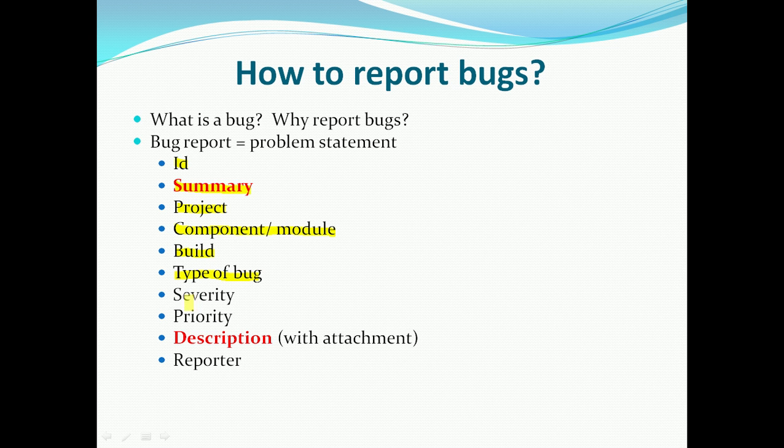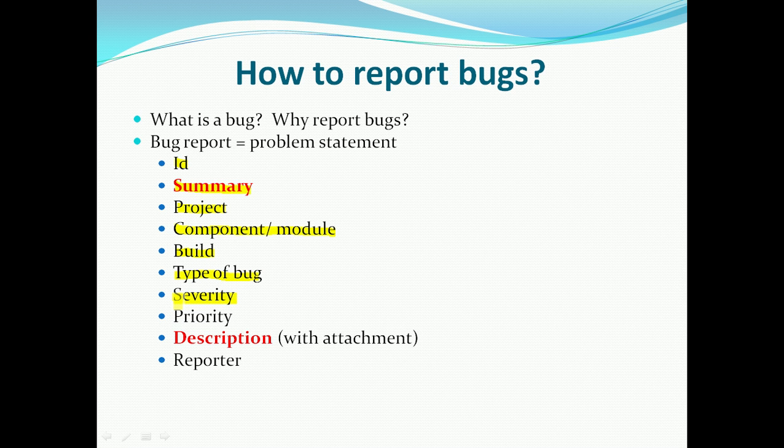An important field of the bug report is severity. Severity is the scope of the problem or the size of the problem. Severity can range from showstopper to minor. A showstopper kind of bug could be that you are not even able to log into the system, and therefore unable to do any work at all.